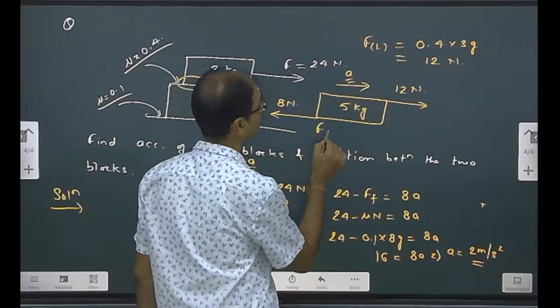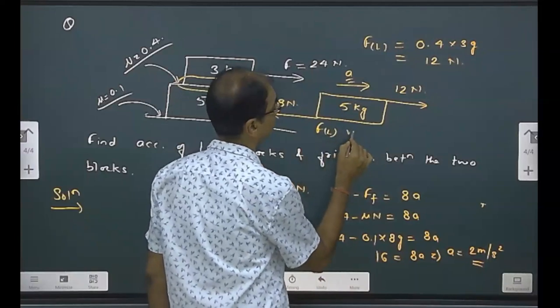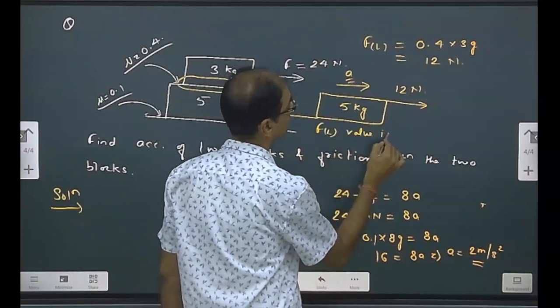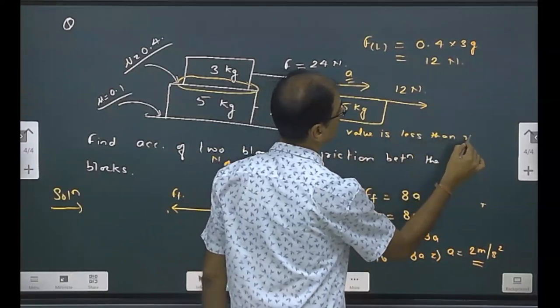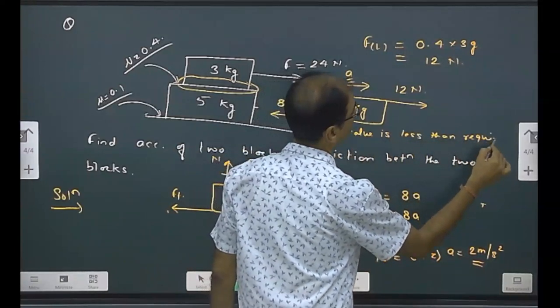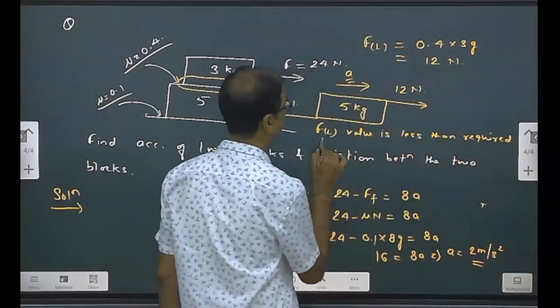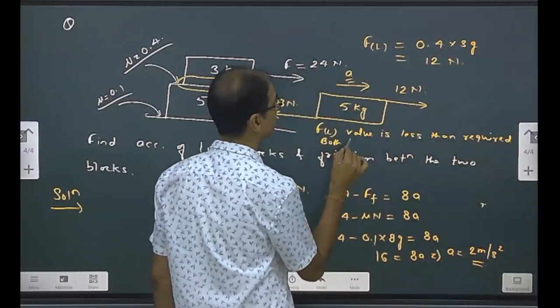So the limiting value is less than required. So both blocks will move separately.